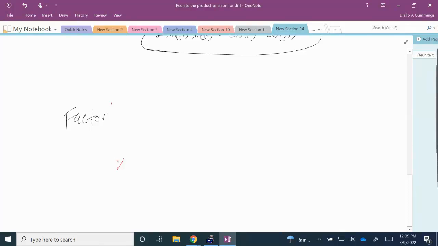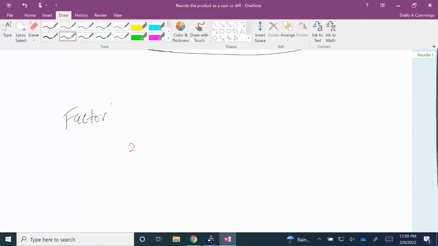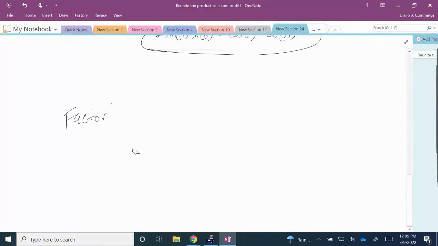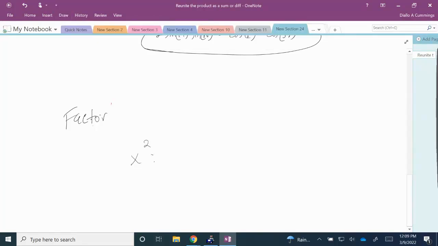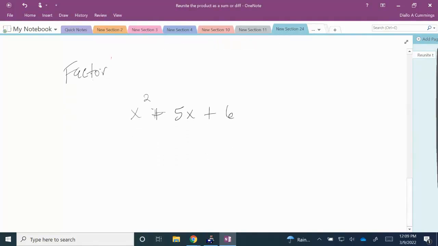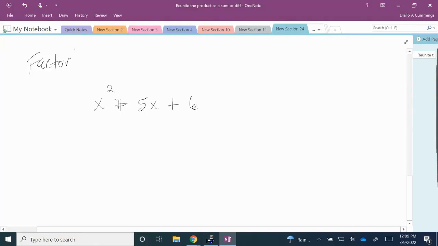So let's say you were asked to factor x squared plus 5x plus 6.